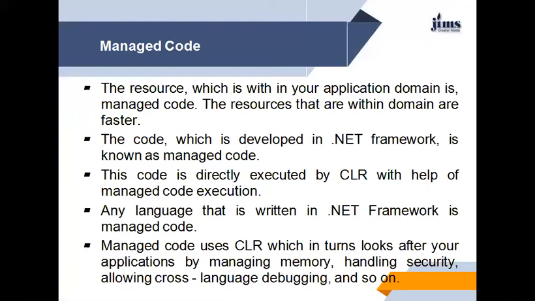The code which is developed in .NET framework is known as managed code. This code is directly executed by CLR with the help of the managed code execution. Any language that is written in .NET framework is managed code. Managed code uses CLR, which in turn looks after your application by managing memory handling, security, allowing cross-language debugging, and so on.